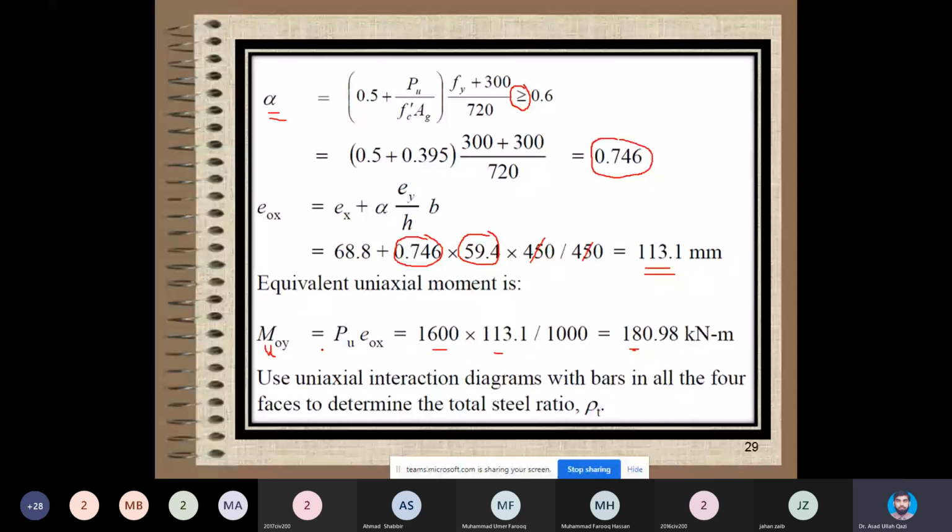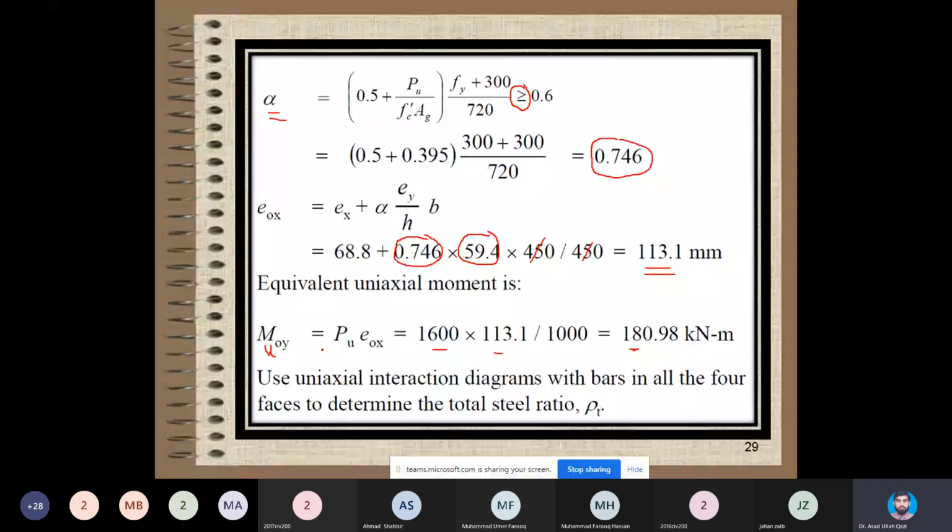It is actually Mu naught y. Although it is written M naught y, actually we are doing ultimate strength design and we are applying PU with the E naught X. So this 180.98 kilonewton meter is actually the ultimate uniaxial moment theoretically calculated.